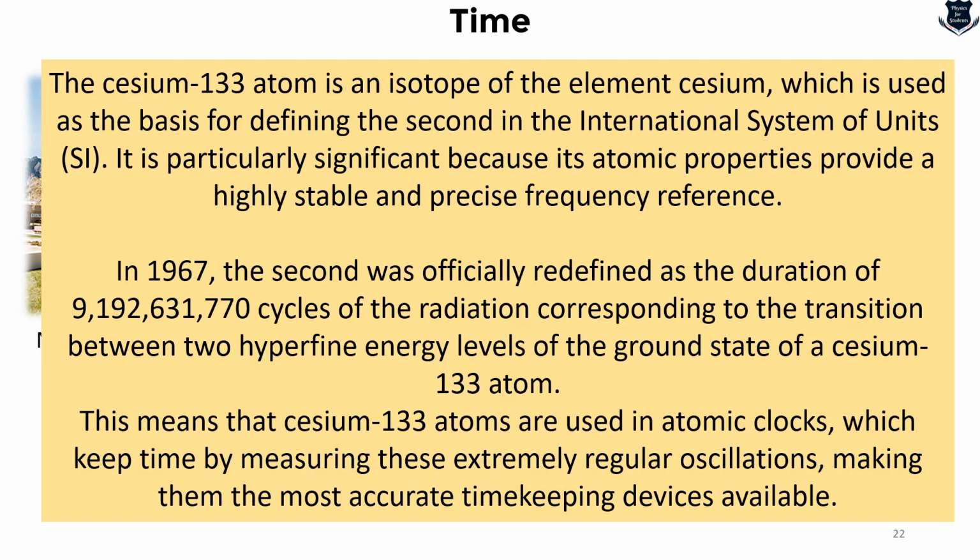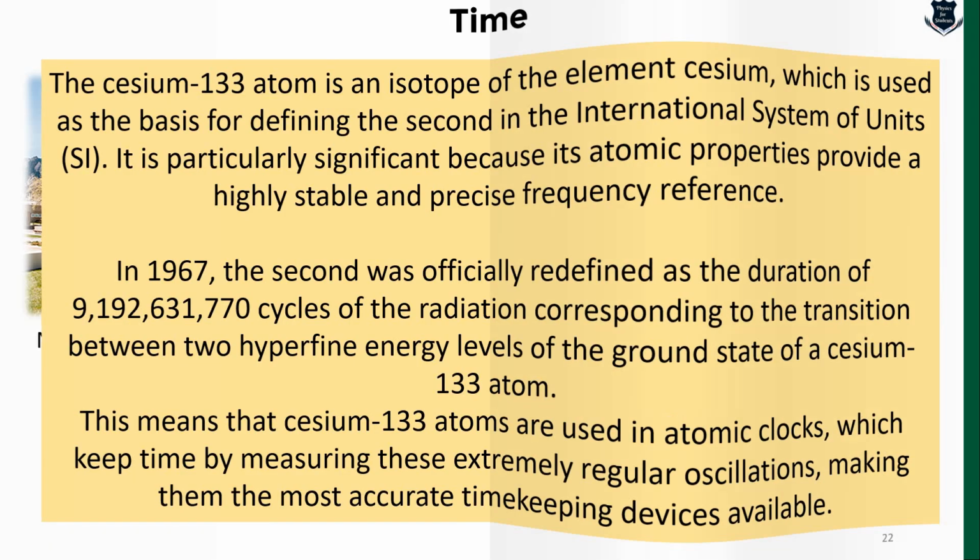This is an isotope of the element cesium, which is used by the International System of Units, and in 1967 the second was officially defined as this. This means that cesium-133 atoms are used in atomic clocks, which keep time by measuring these extremely regular oscillations, making them the most accurate timekeeping devices available.